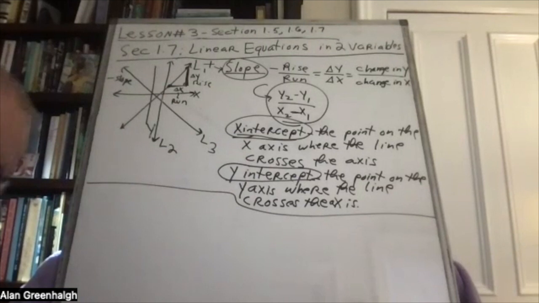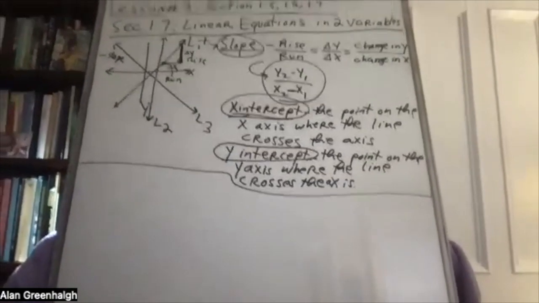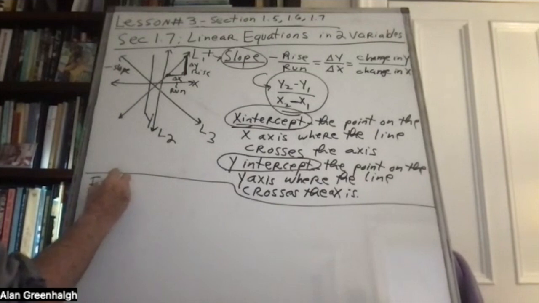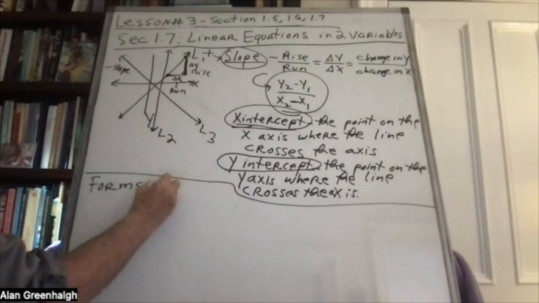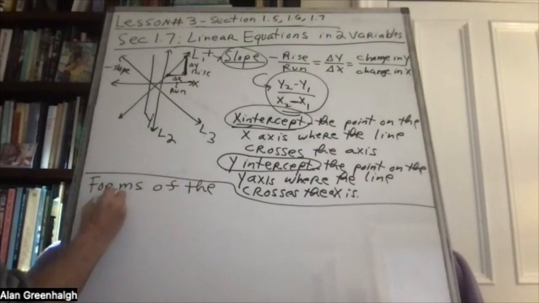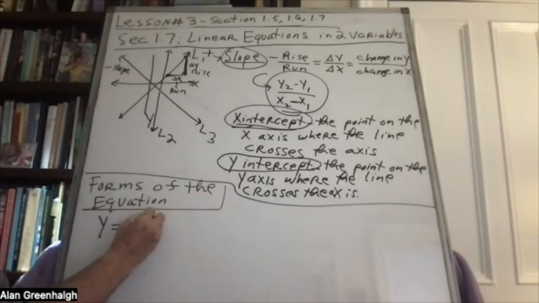Now, there are different ways you can express a line in the coordinate plane. Forms of the equation. The one we're going to be focusing on the most is that general formula.